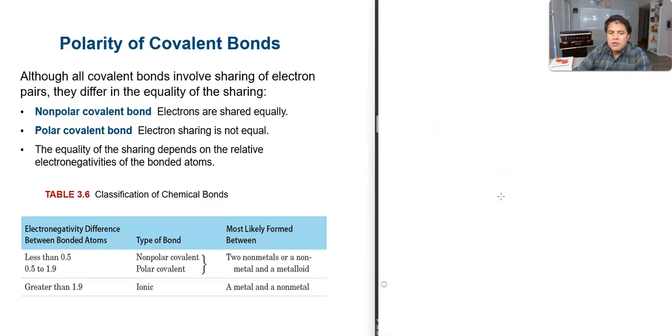Now the polarity of the covalent bond. Let's go to the electronegativity difference.